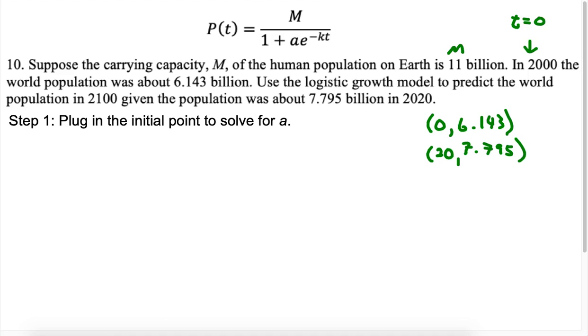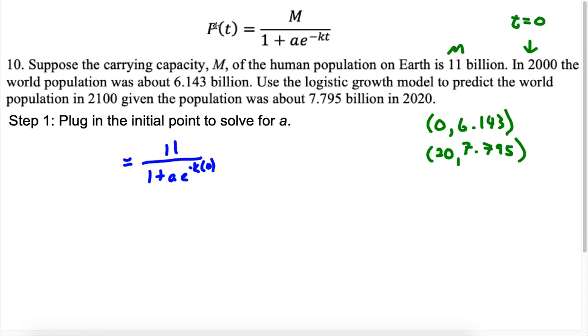Okay. The first thing I need to do is solve for a. To do that, I am going to use this first initial point. So if I plug this into my formula, I know that m is 11, so I'm going to say 11 over 1 plus a times e to the negative k times 0 power, right? Because we're saying that t is equal to 0.